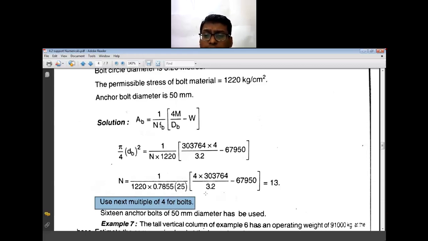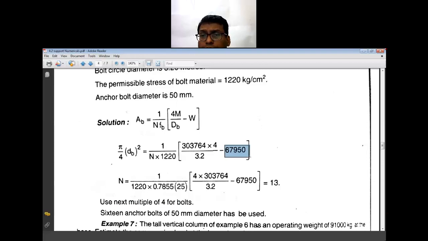So it is pi by 4 dB square, which is equal to 1 upon n, number of anchor bolts, into the permissible stress of the bolt material, taken as FB in this numerical. The bending moment is mentioned in this numerical also, and the dead weight is also mentioned. And this dB is the bolt circle diameter, which is taken as 3.2 meters.